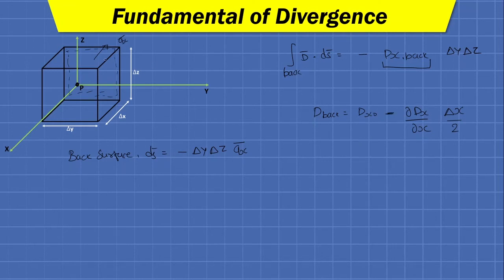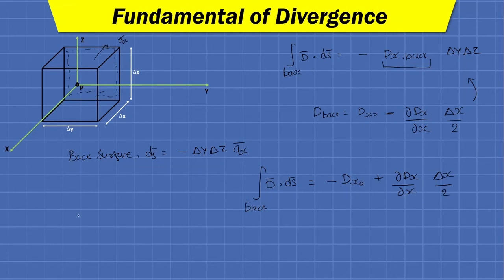So D back will be Dx0 minus del Dx by del x into delta x by 2. Putting this into the equation, the back surface integration of D bar dot ds bar equals, with the negative applied, negative Dx0 plus del Dx by del x delta x by 2, times delta y delta z.